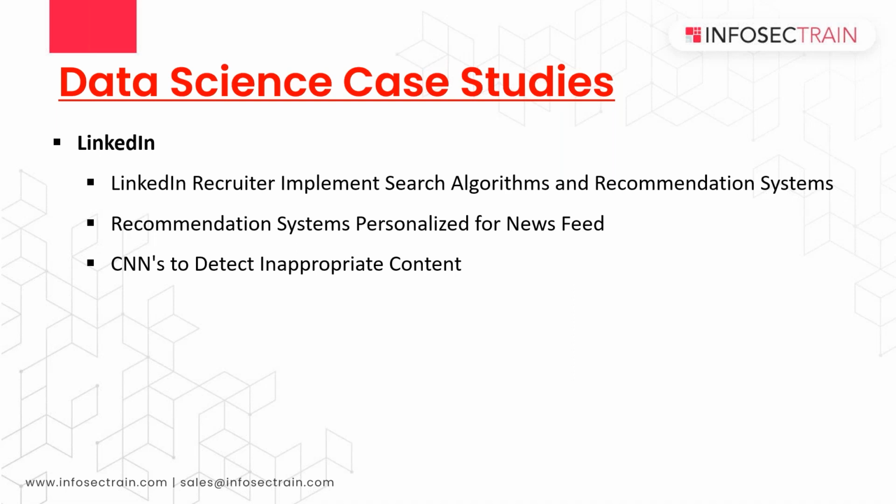Basically, they can simply remove that content from LinkedIn, or hide that content, or do anything. But for that, they need to detect that the particular content is inappropriate, right? So for that they implemented the CNN, which is a very popular deep learning algorithm.